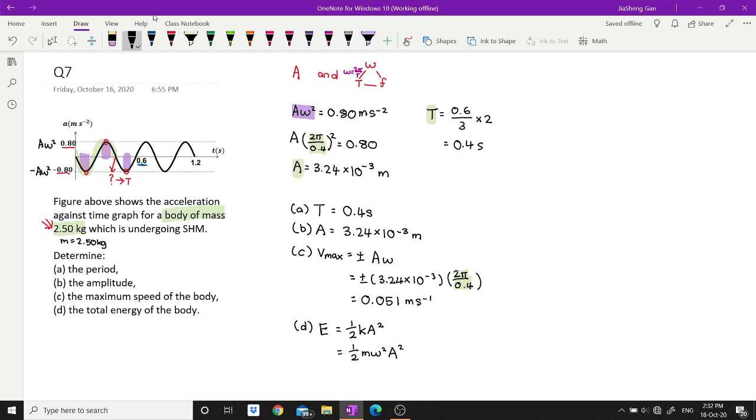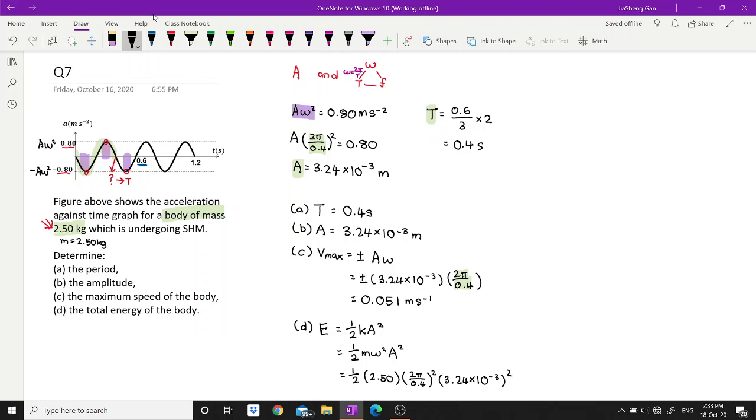So we continue with substitution: half times 2.50, times omega, which is 2 pi over 0.4, it's 2 pi over big T again, times amplitude 3.24 times 10 to the power of negative 3, squared.